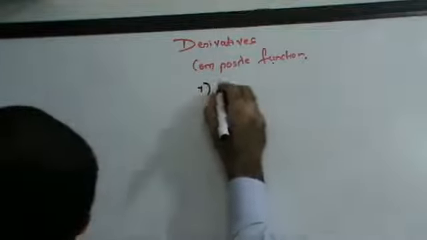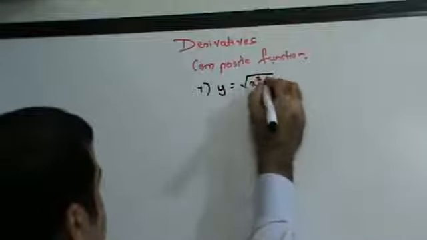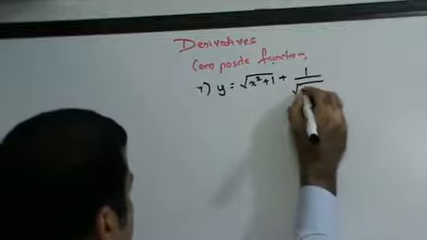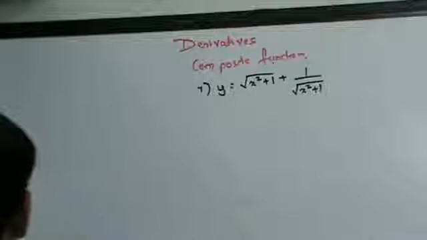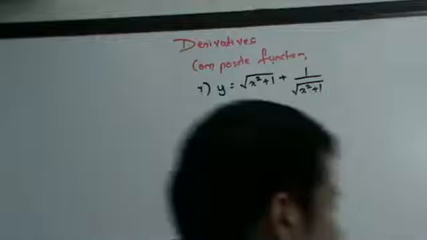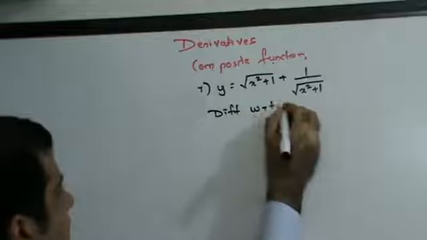Seventh sum, y is equal to root of x square plus 1 plus 1 upon root of x square plus 1, right? Let's see how we do this. Differentiate with respect to x.